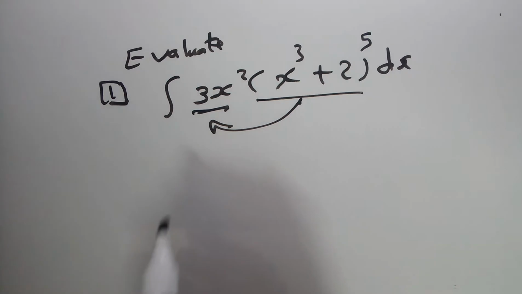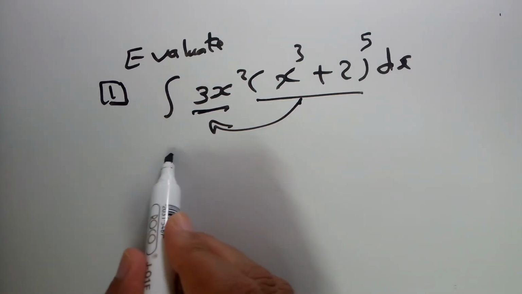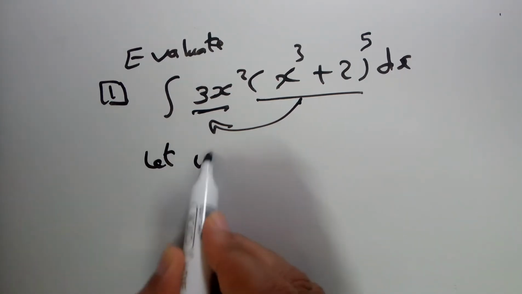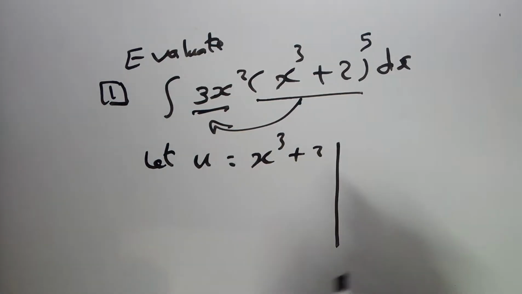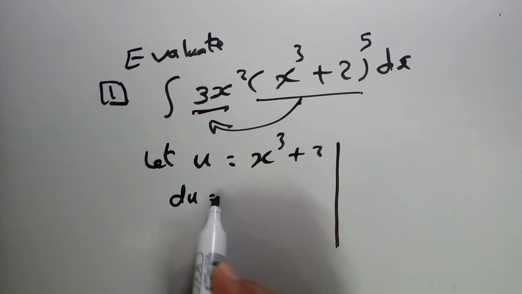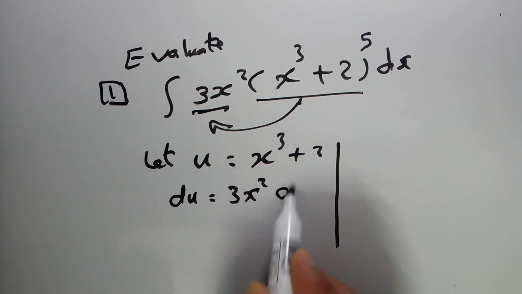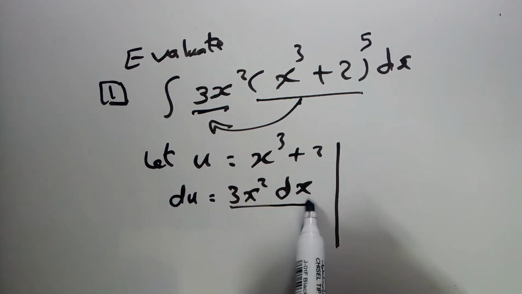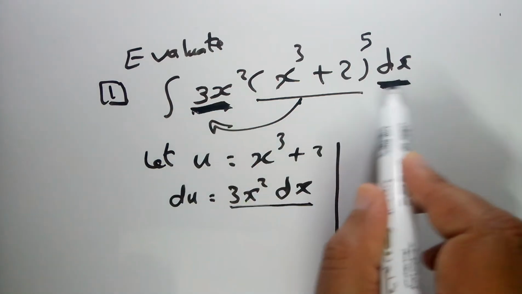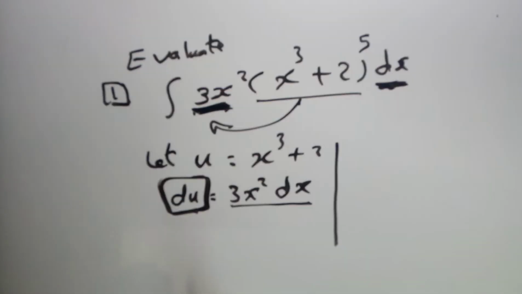If you write u equals x cubed plus 2, then you can find du. It will be 3x squared dx, by differentiating both sides. Now here you have 3x squared dx, and you can replace it with du.